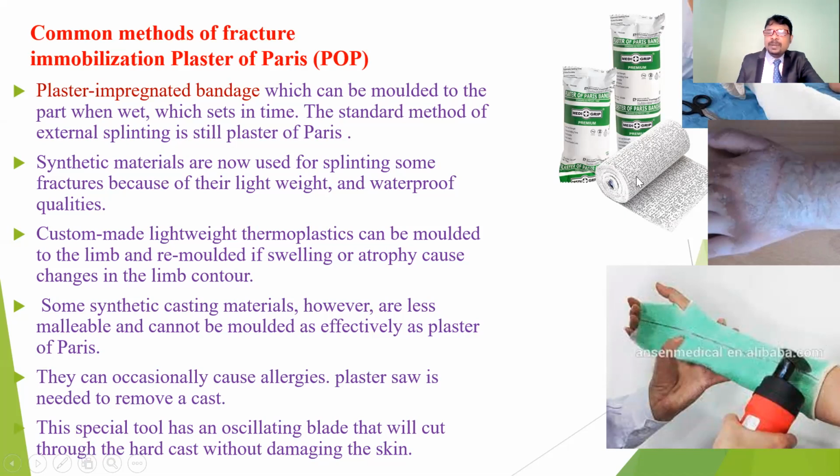If the patient cannot bear the pain and tingling sensations, we have to remove the POP immediately. For removal, we use different instruments, especially oscillatory blades or oscillatory removal tools, to remove the plaster of Paris. With a POP application, some people may get ulcers, skin changes, or allergies. So we have to take precautionary measures while applying the POP and synthetic materials.